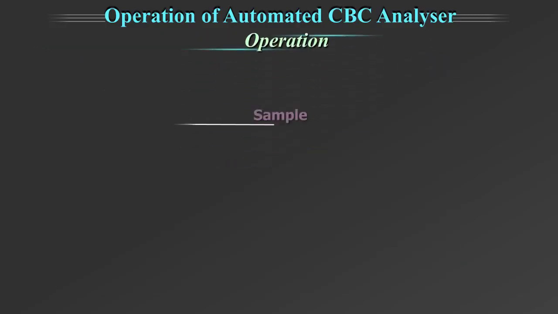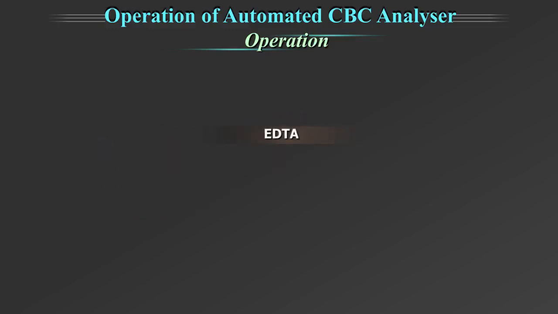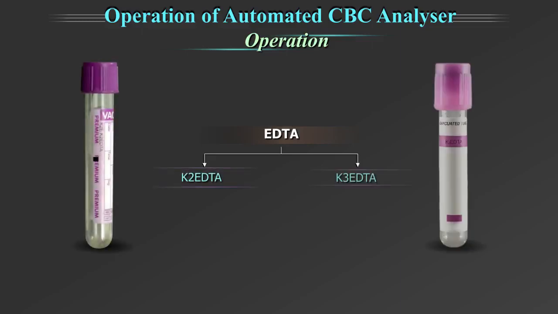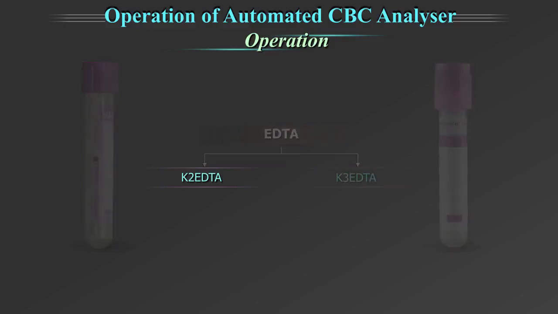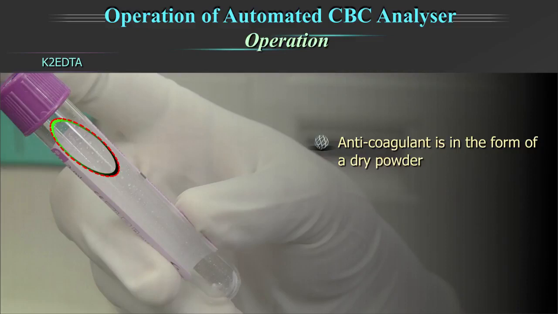Operation. Samples. As per the sample collection guidelines, whole blood is collected in EDTA anticoagulated tubes. EDTA tubes can be of two types, K2 EDTA and K3 EDTA. In K2 EDTA tube, anticoagulant is in the form of a dry powder.